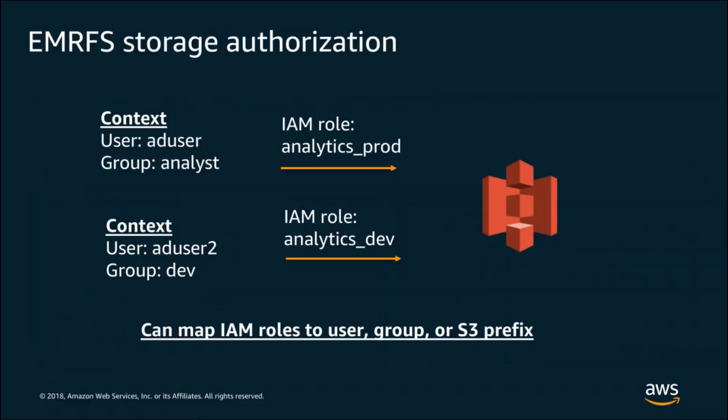So here is a high-level picture of how the EMRFS storage authorization looks. In this example, you have two different users belonging to two different groups, and these users and groups are coming in from your Active Directory on-premise or running on the AWS platform. And these users are mapped to corresponding IAM roles that give them specific access to their own buckets.